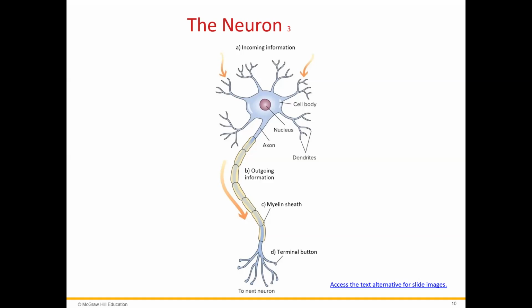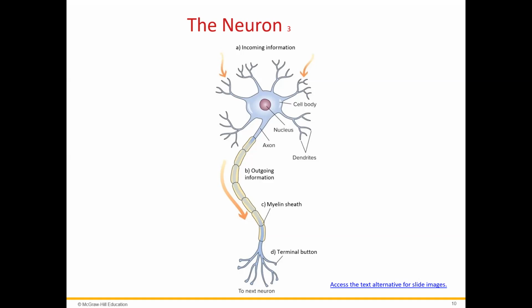Each neuron is connected to thousands of others. So if it's excited, it sends a charge along its axon. The axon's purpose is to transmit information away from the cell body.